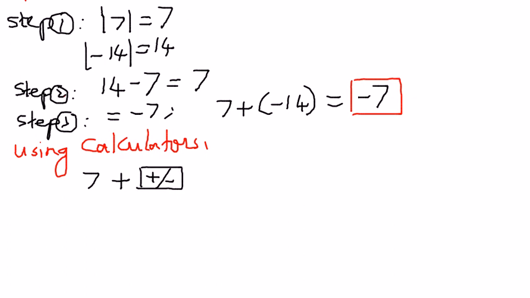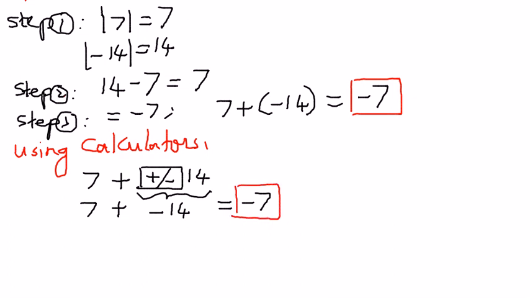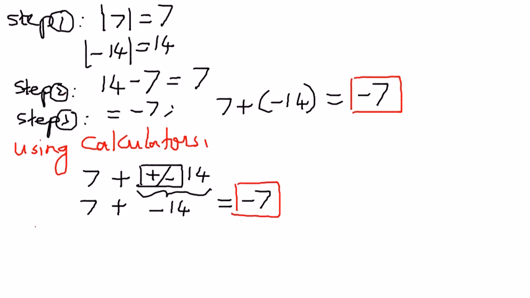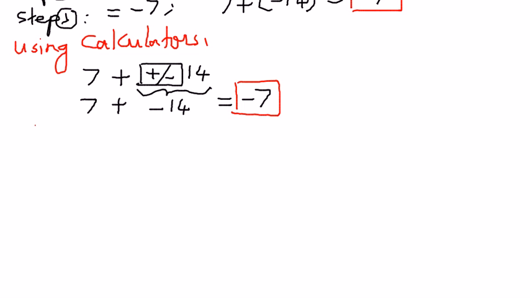Enter that and then enter 14. The calculator will display negative 14. 7 plus negative 14, and when you enter that, your calculator is going to display negative 7, like that. So this will be your answer. You can do the longhand process and you can check your answer using your calculators. That is another easy way to solving these problems.